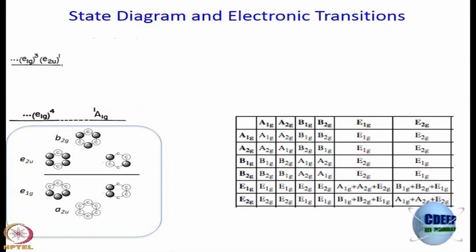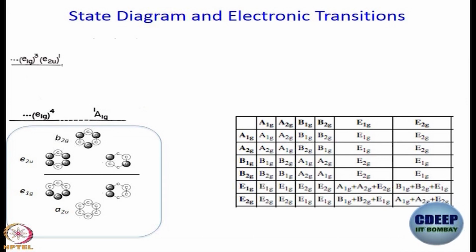So, what will be the direct product, G or U? It will be U. So, this one will be B1U plus B2U plus E1U. Please tell me if we are all okay with this. Have you all understood that since E1G and E2U orbitals are singly occupied, I have to take a direct product of those?